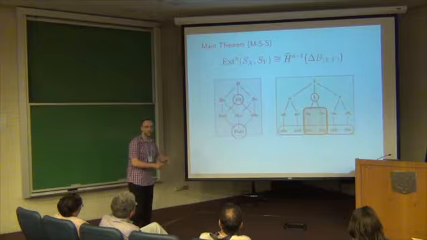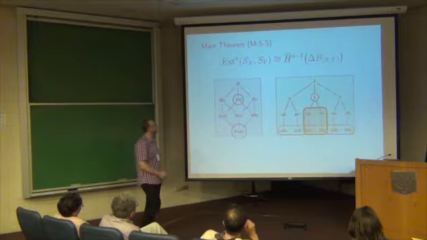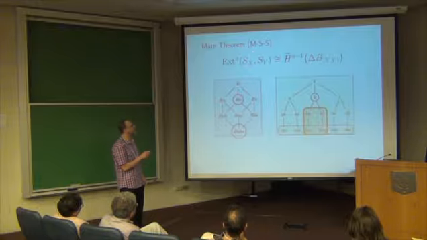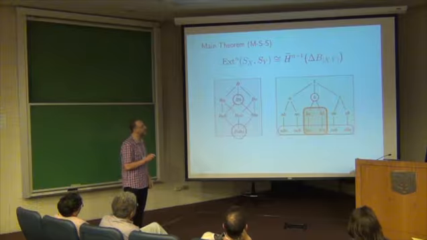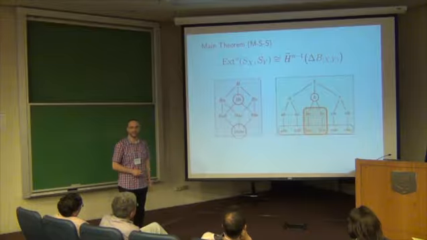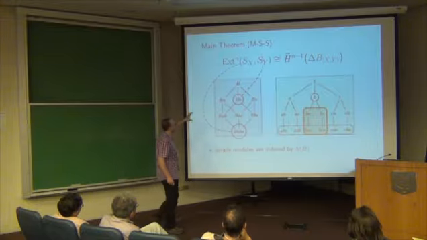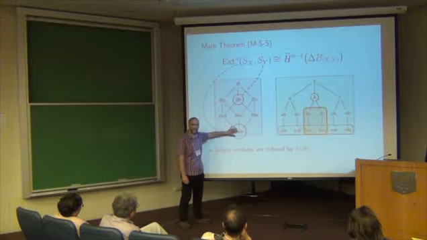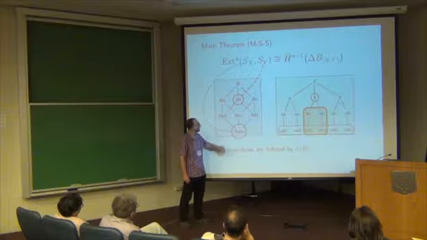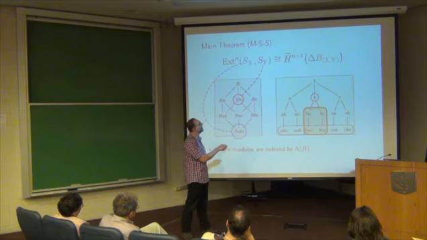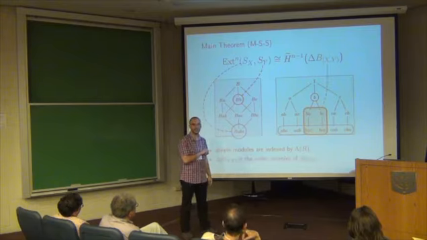And so here we get to a more precise statement of our theorem. Our main theorem says that if you want to compute extensions between two simple modules, you need to compute the poset cohomology of certain posets. So first, as I said before, the simple modules are indexed by elements of this lattice. Given two elements here, we use that to carve out a subposet, and then we compute the poset cohomology of this subposet.